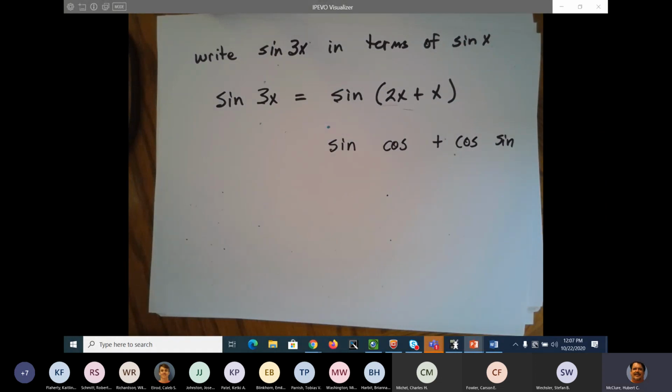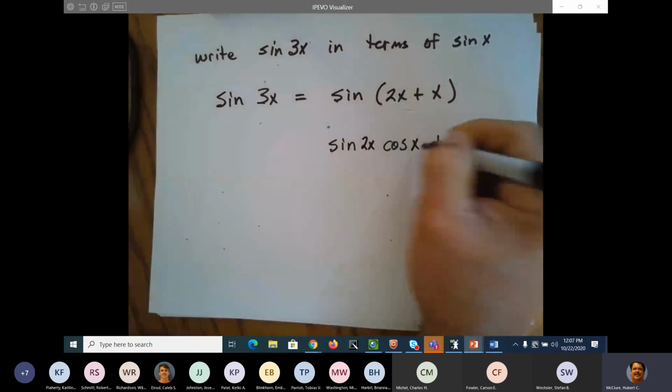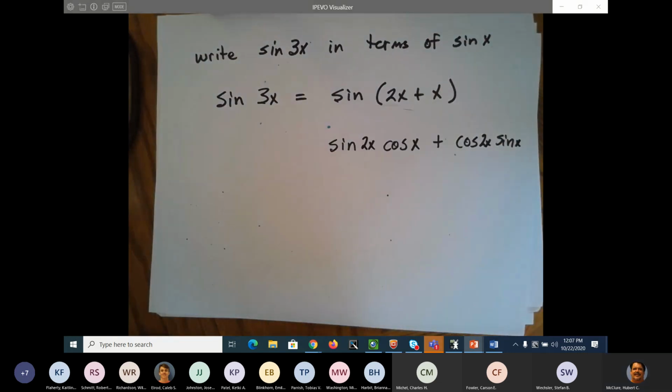And that's going to be sine of 2x cosine x plus cosine 2x sine x. And you can bring that 2 on the outside, or you could factor out.